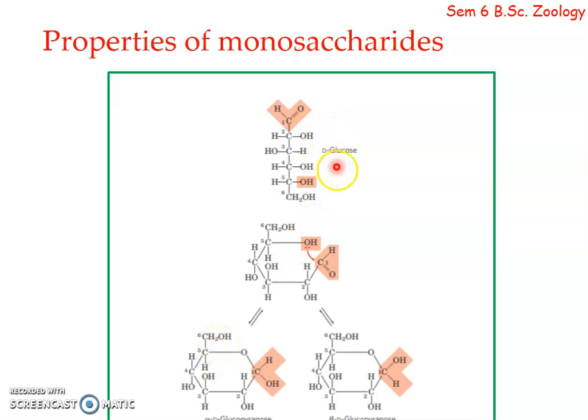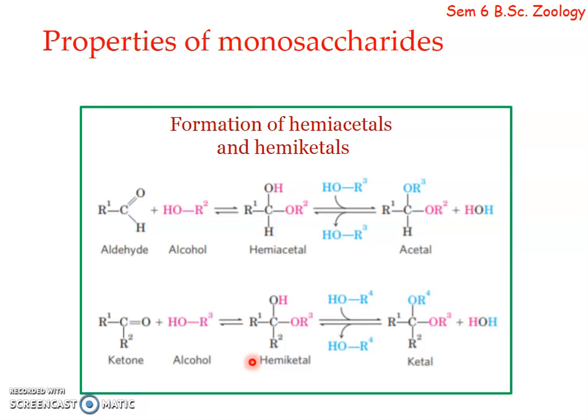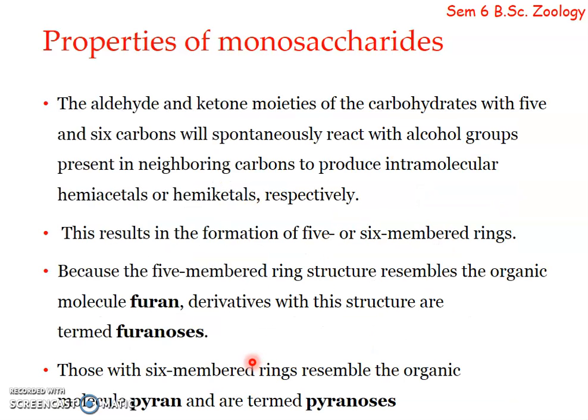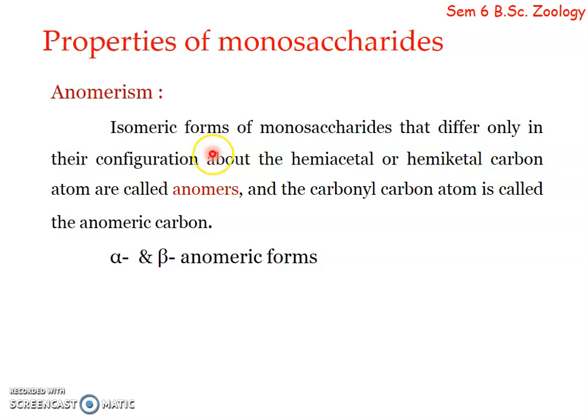Due to the cyclization of D-glucose, one new asymmetric carbon has arisen, and it results in two isomeric forms. These two isomeric forms are known as anomers. They are isomeric forms of monosaccharides that differ only in their configuration above the hemiacetal or hemiketal carbon.